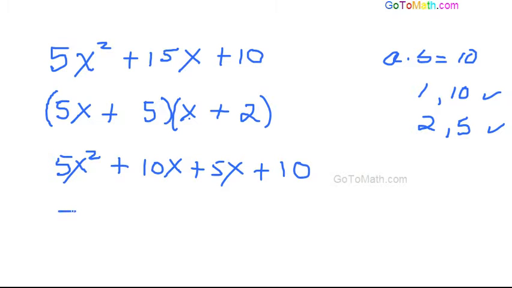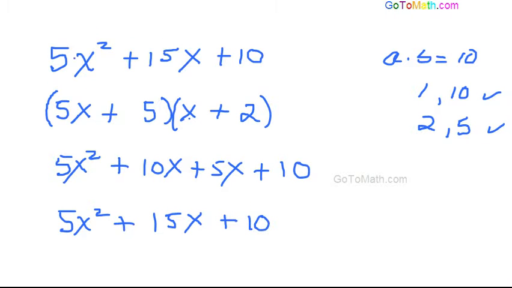So we end up with 5x squared plus 15x, and then plus 10.